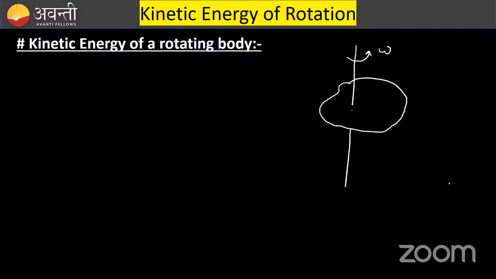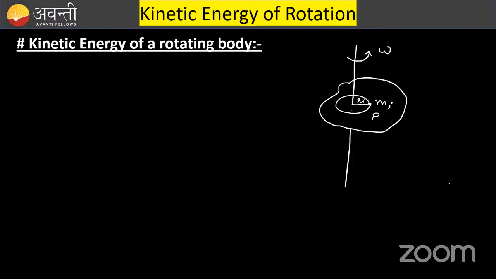If I consider a particle P here, it will move in a circular path like this. We can take a lot of particles here. Let's suppose this is the ith particle having mass mi and radius ri.